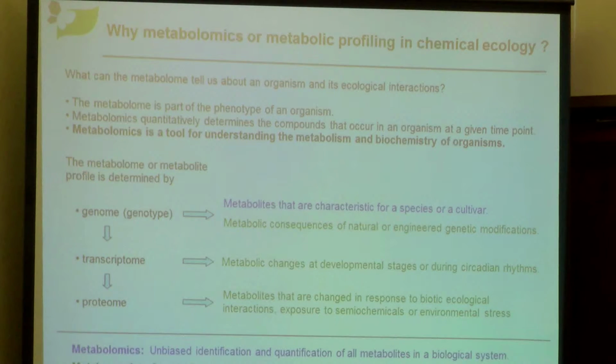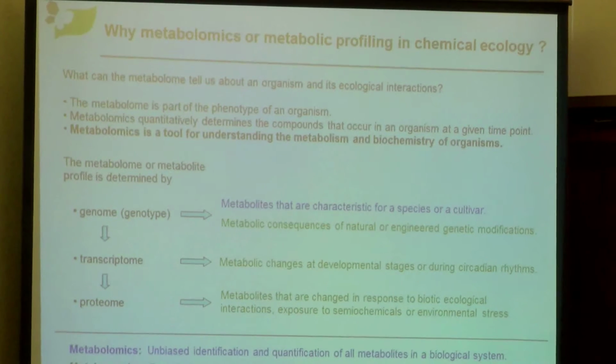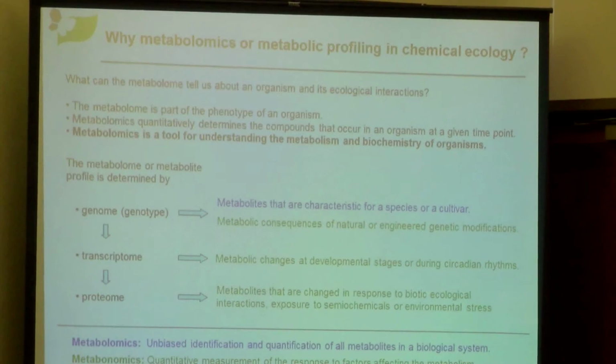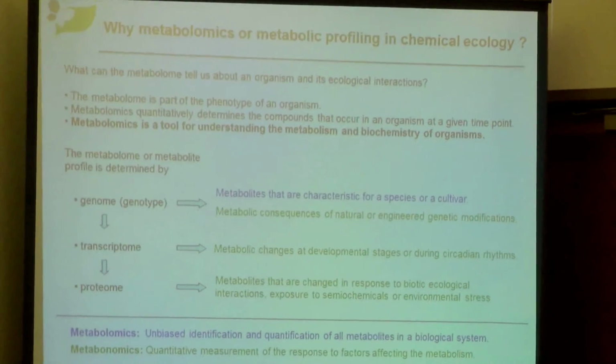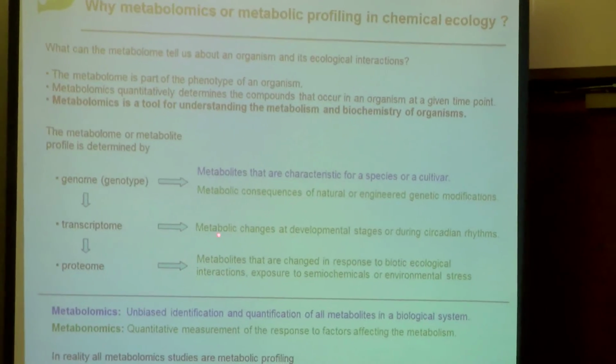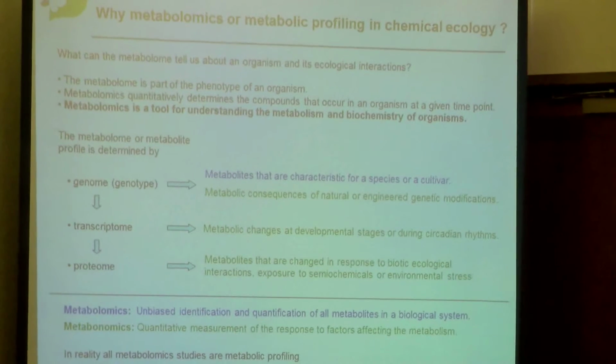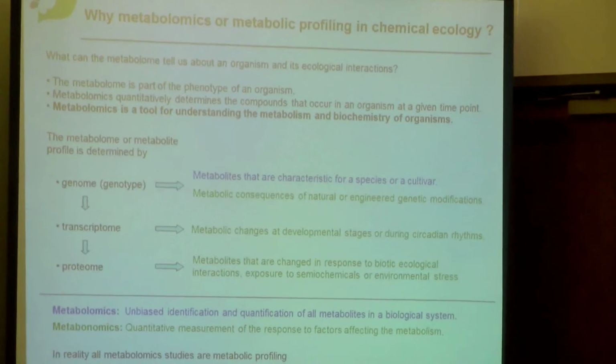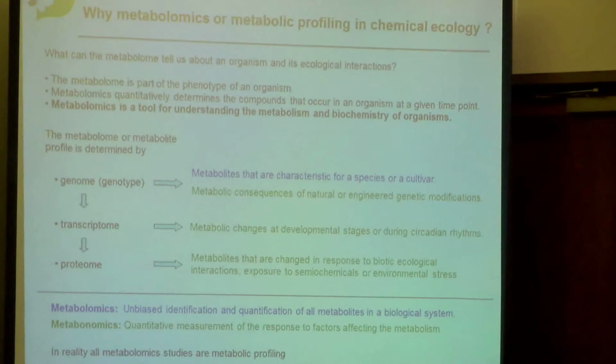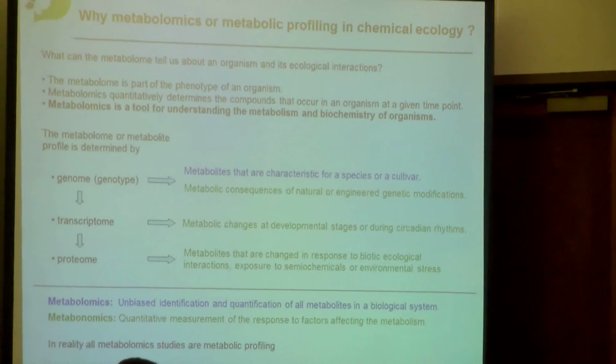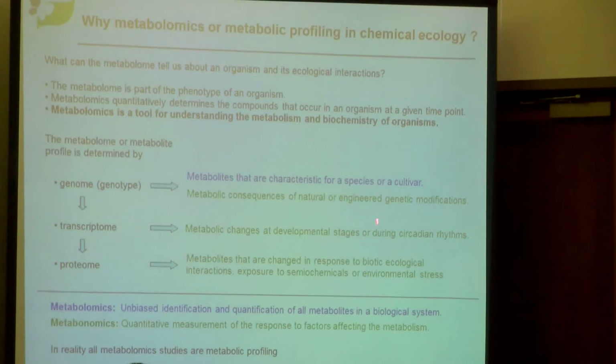So, of course, the metabolome is determined by the genome. So there are metabolites that are characteristic for a certain organism or for a species or cultivar. And metabolites are also different in organisms which have been modified genetically. Of course, metabolic changes come up at different developmental stages of an organism and during circadian rhythms.